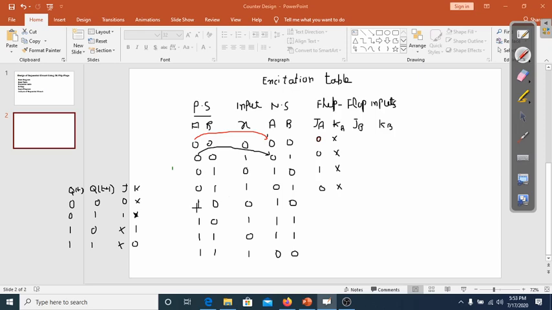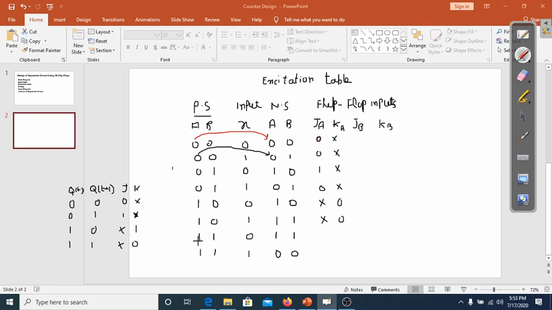Now here, taking into account this present state, when present state is 1, next state is 1. In this case, the J could be a don't care, could be 0 or 1, and K must be 0. So this is the similar situation. J is don't care, K is 0.